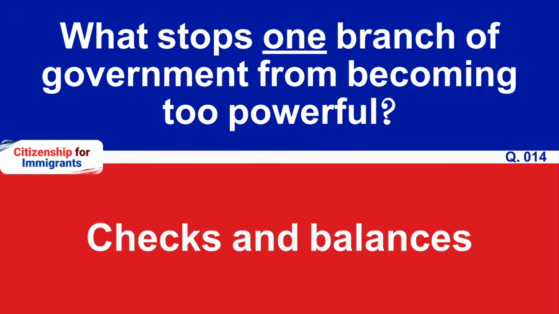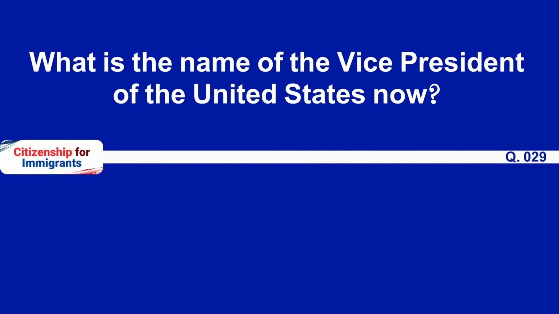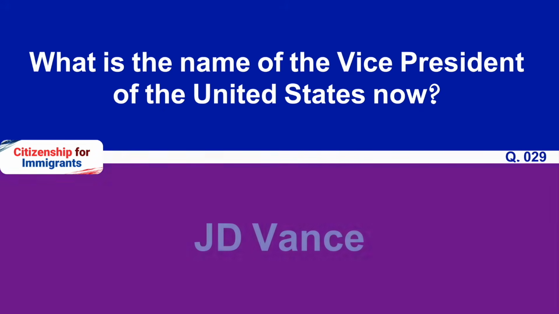Checks and balances. What is the name of the Vice President of the United States now? J.D. Vance.